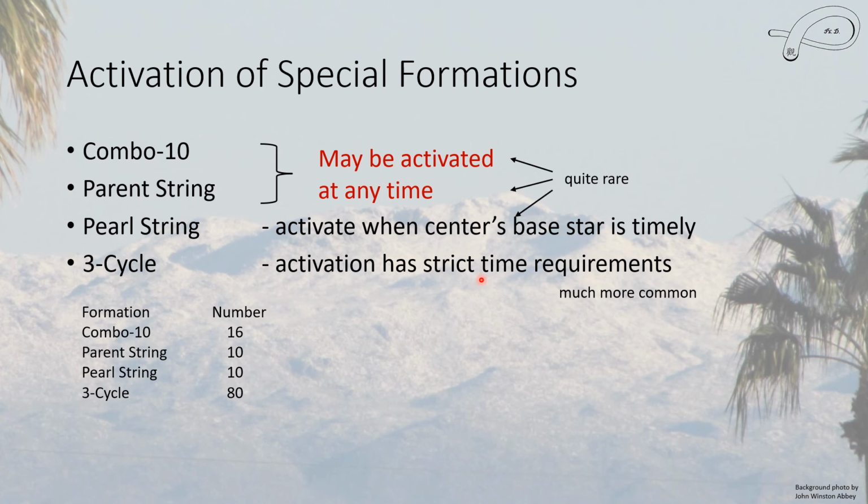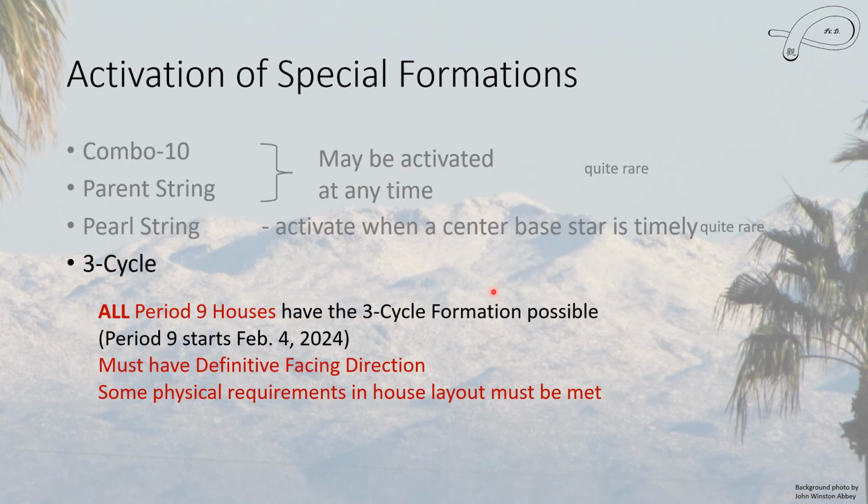But we have a very interesting period coming up in period 9. All houses that have a definitive facing direction have some form of this 3-cycle formation. Some are more powerful than others, but every house has it.